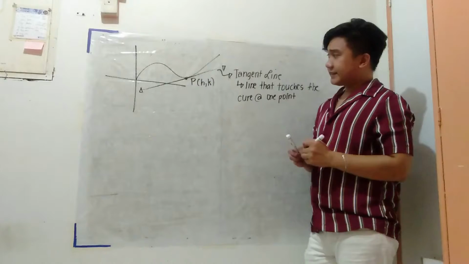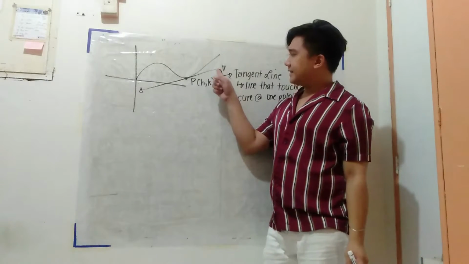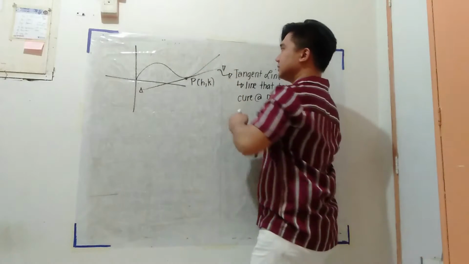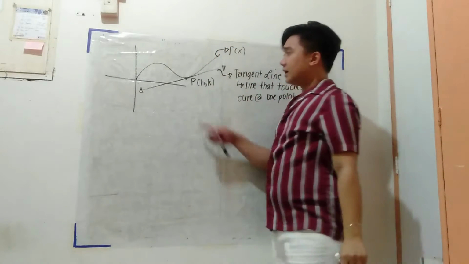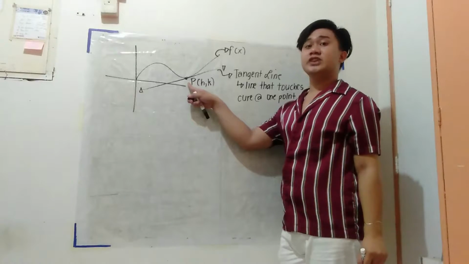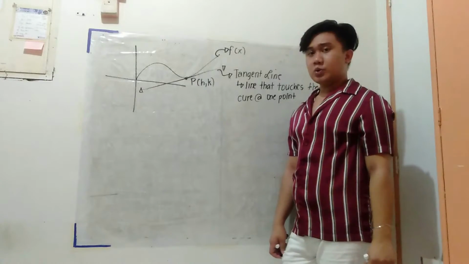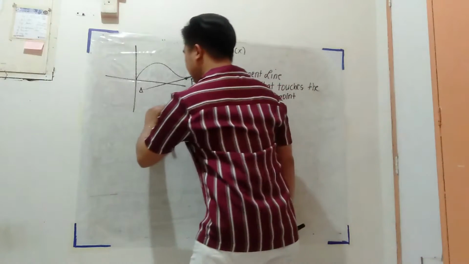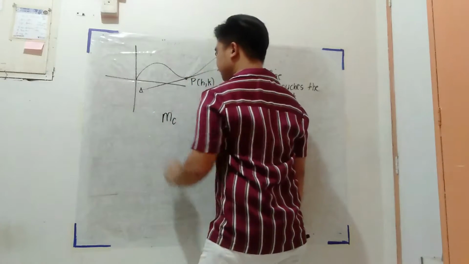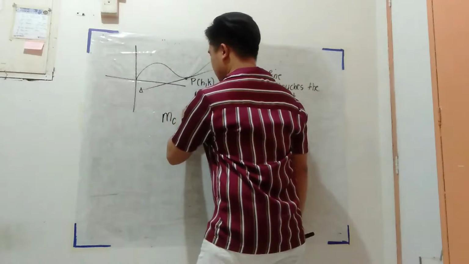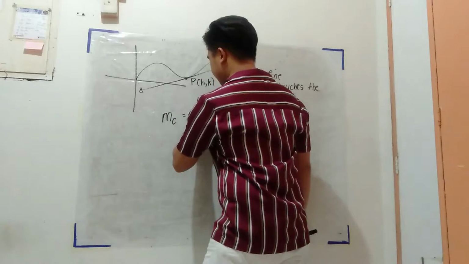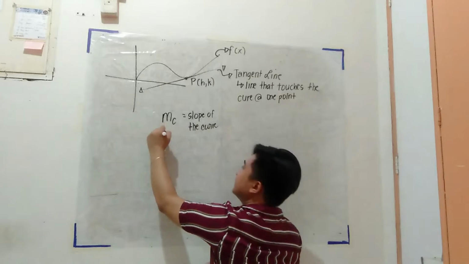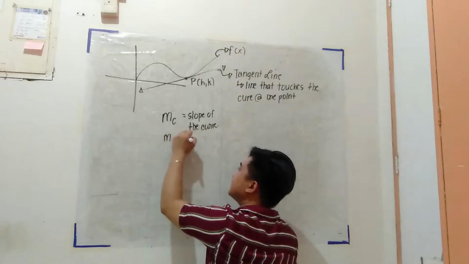So, kung nakita nyo, nag-touch itong line na to sa curve na to, curve natin to, this is f(x), sa isang point lang. Tangent line po yun. So, what's the relationship between the slope of the curve, m_c, and the slope of the tangent line?